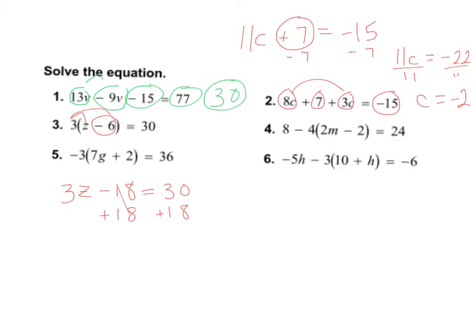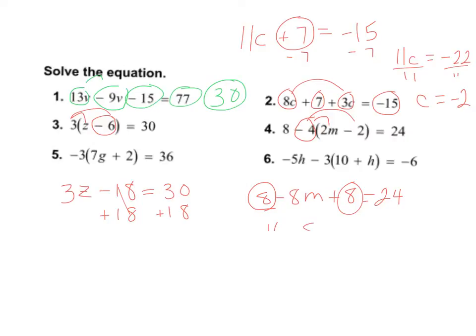Number 4 is going to be the same thing, except this time I have to distribute a negative 4. So negative 4 times 2m is going to be negative 8m. So I'm going to have 8 minus 8m. Negative 4 times negative 2 is positive 8 equals 24. I can combine like terms, which are positive 8 and positive 8.